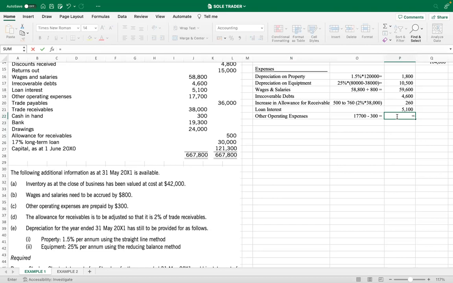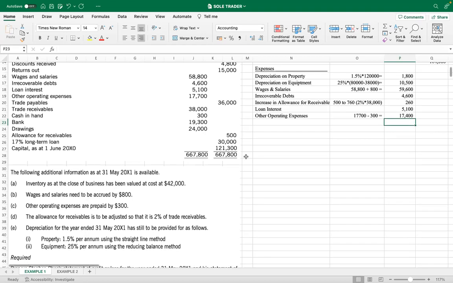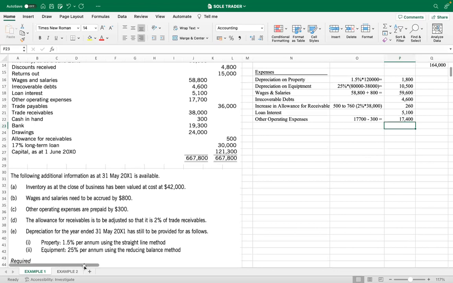It relates to the next period. So 17,700 minus 300 gives you 17,400. We check if there is any other expense, drawings, allowance, capital, and wages, inventory. So we have exhausted all the expenses.